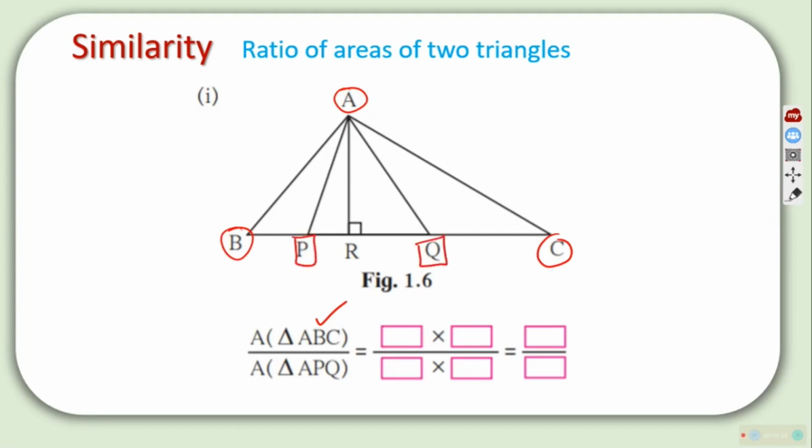By looking at these two triangles, ABC and APQ, one thing comes into my mind, the height of these two triangles, from base to the opposite vertex, perpendicular. This is the height. Height is common, meaning height is same. And here the height is AR.